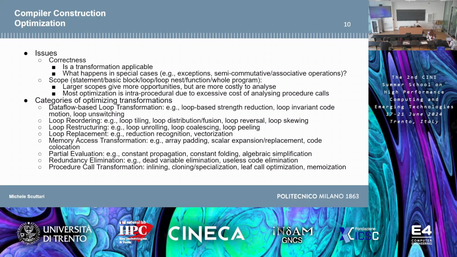Okay, we're almost there. The last set of transformations are those that affect procedures. These are important because in particular they include function inlining and function cloning or specialization, which are transformations that allow you to remove a call or simplify it. Function inlining replaces a call point with the code that will be performed by the call itself.